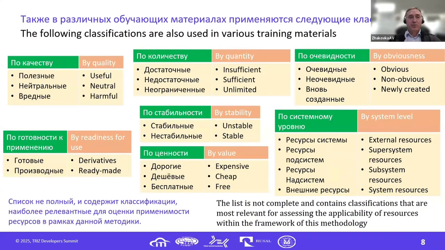Apart from that, the training materials also contain some more classifications used in various training materials: by quality, by obviousness, by readiness for application, by value stability at system level. Well, this list is not far from complete, of course.